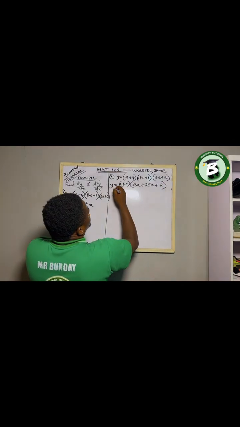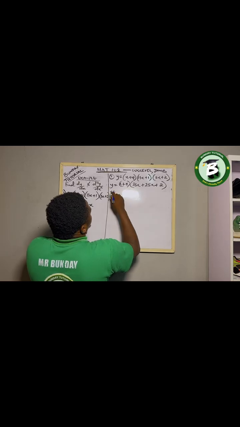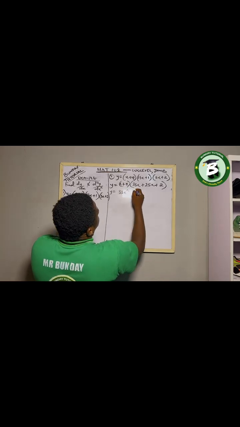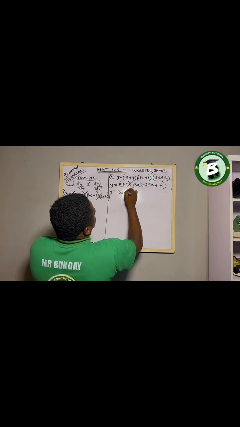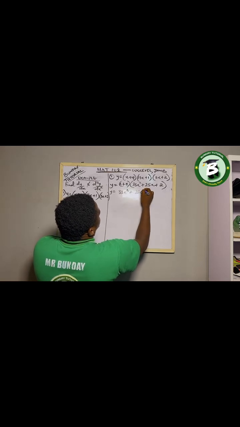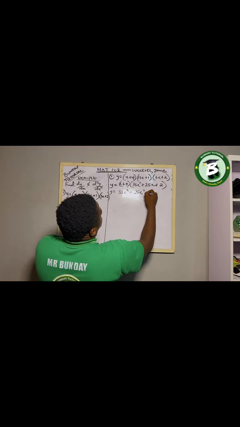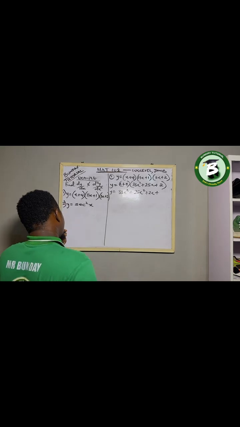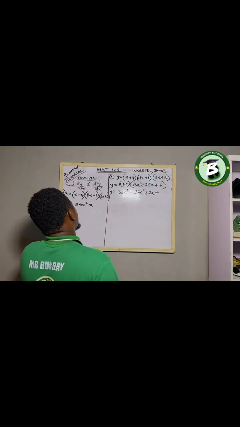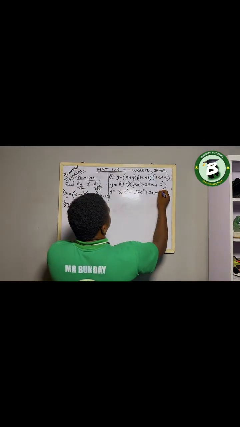So we can now expand using that, y equals 33x squared, sorry, that will be cube. So plus 25x squared, then plus 2x, then you can multiply this by 4. 33 times 4, that's 132.